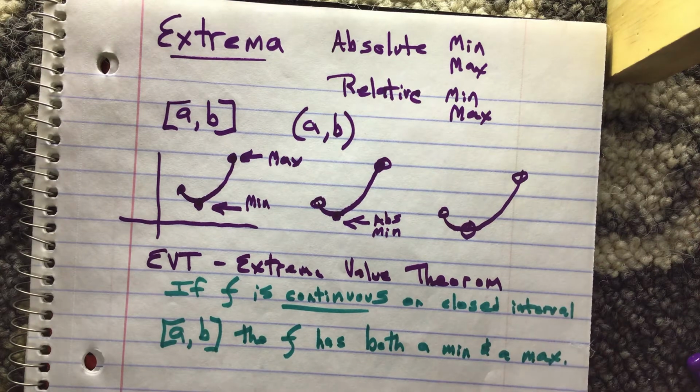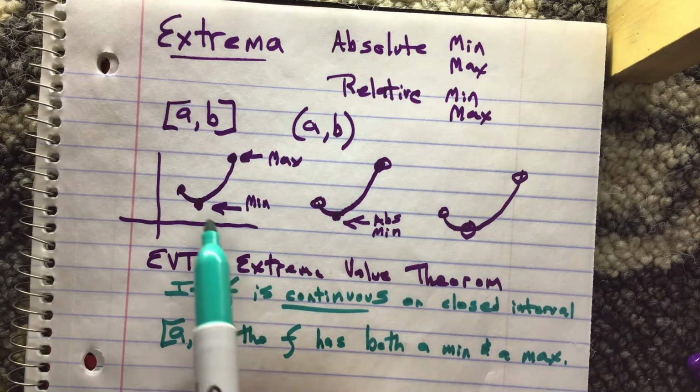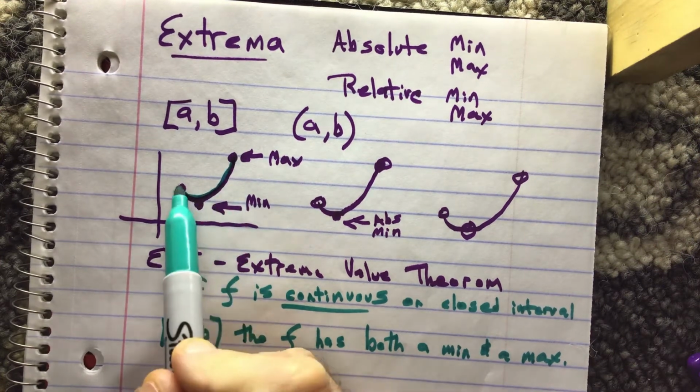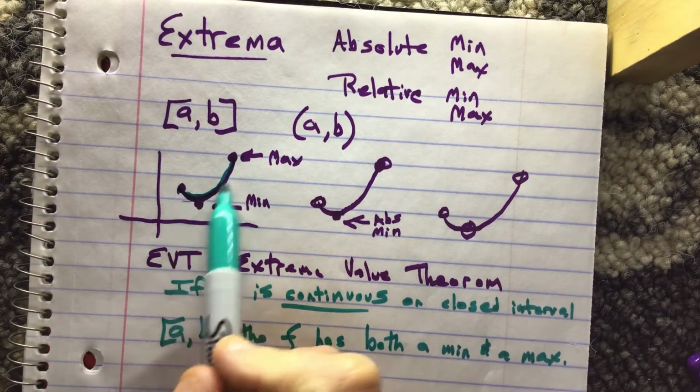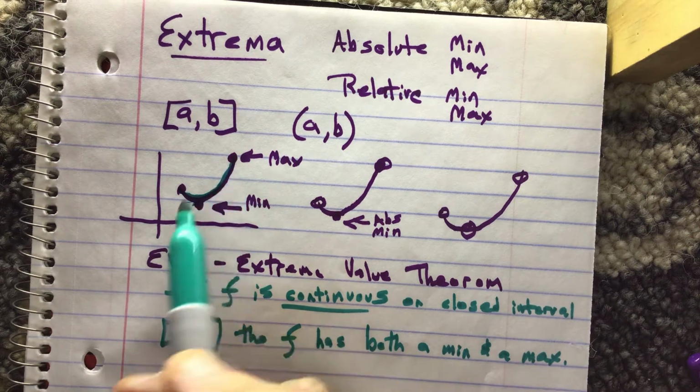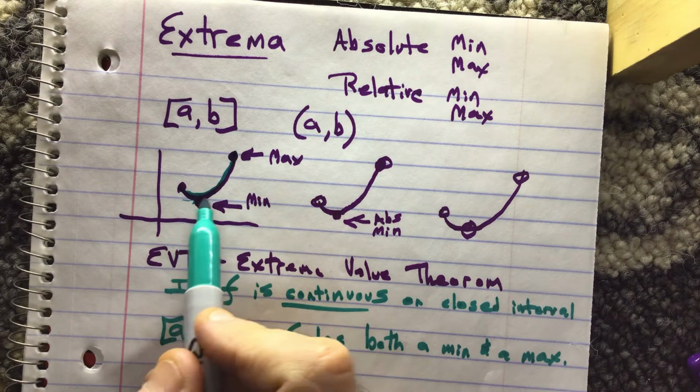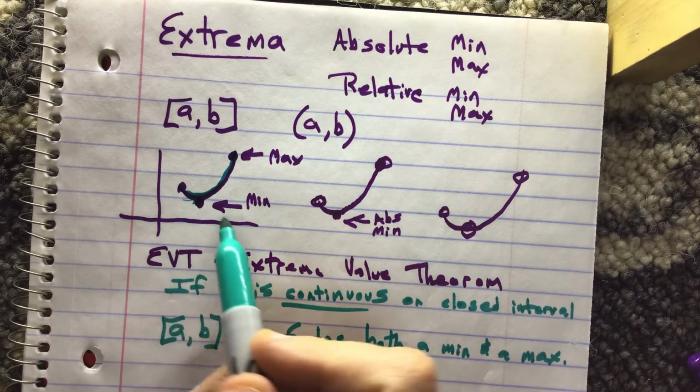And that makes sense. If you're on a closed interval like you can see here, with a beginning and end, and you're on a continuous function, it has no breaks in it, there has to be a high point and a low point. And that high point could occur at the endpoints, or it could even occur in the middle somewhere.